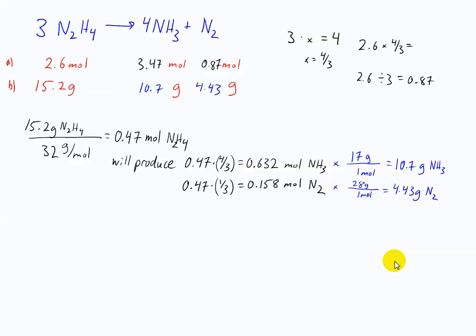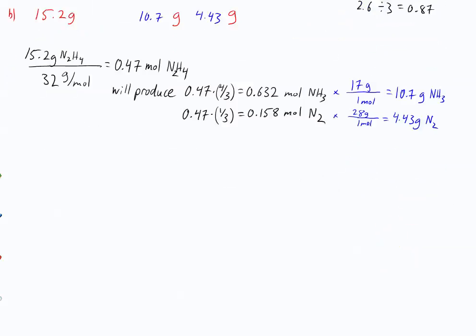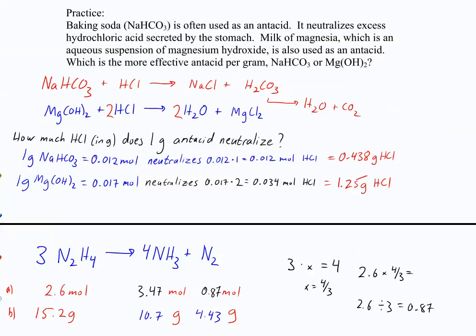When we last left our excitement here, we did this problem where we did these mole ratios. So notice something the same about these questions that we did. In all cases, we gave a certain amount of reactant, and we calculated the amounts of either other reactants or products based on that.